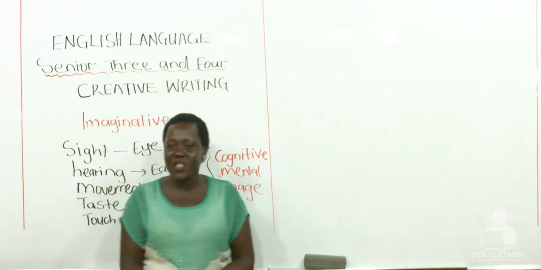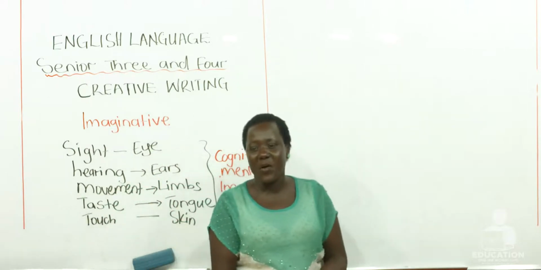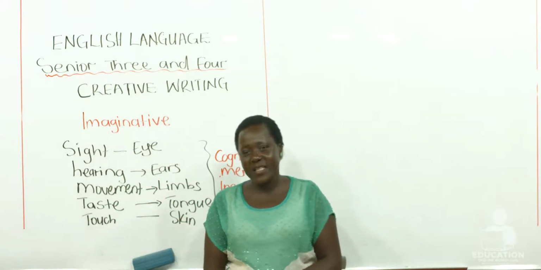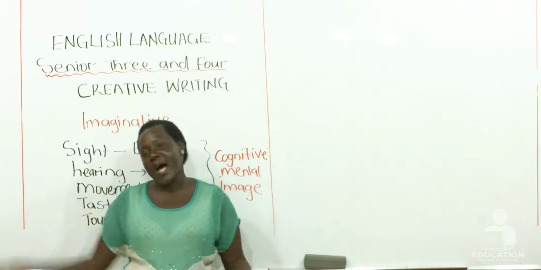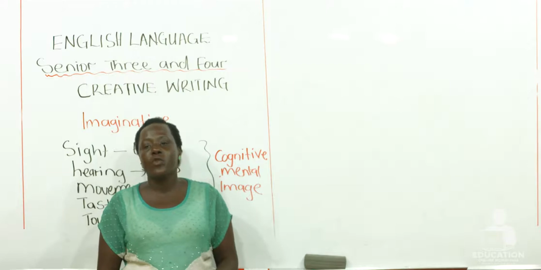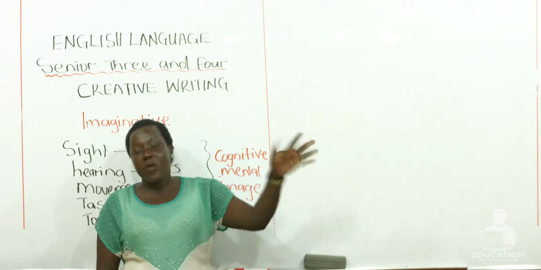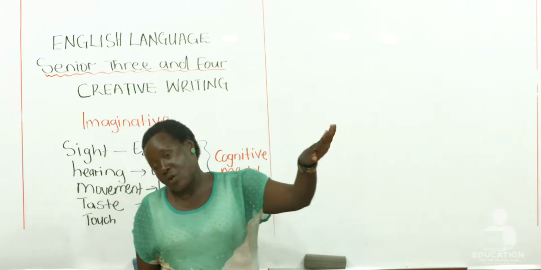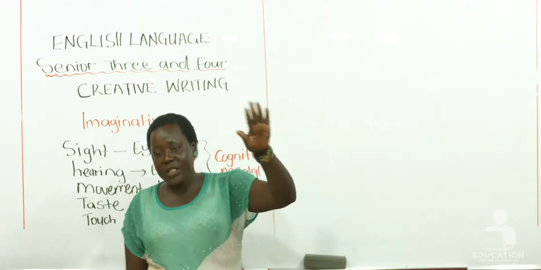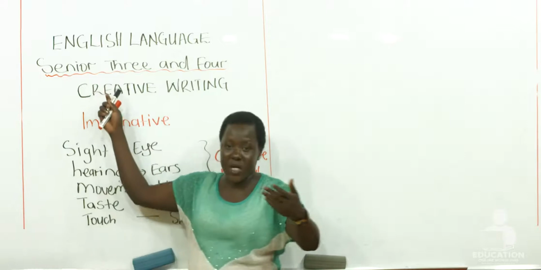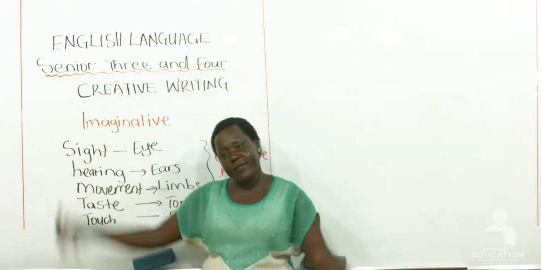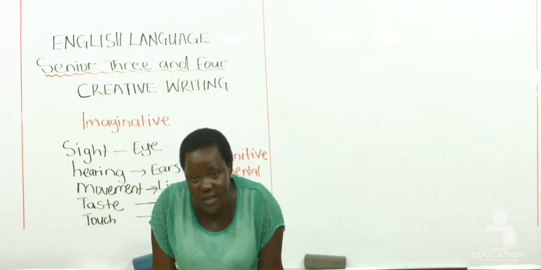Now how can you ask me to write a story when I was going to Congo? No, just be creative and create a story which is related to that. Assume you went there. You can even assume you're the president of this country. And don't tell me, but I am still in senior 4 or I am still in senior 3. No. That means you lack creativity. So be very creative here.